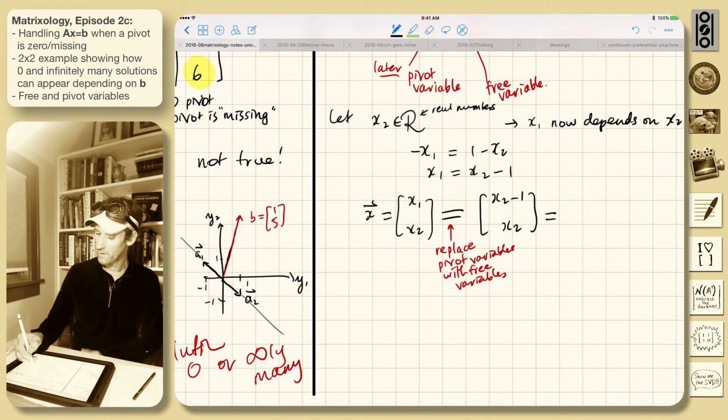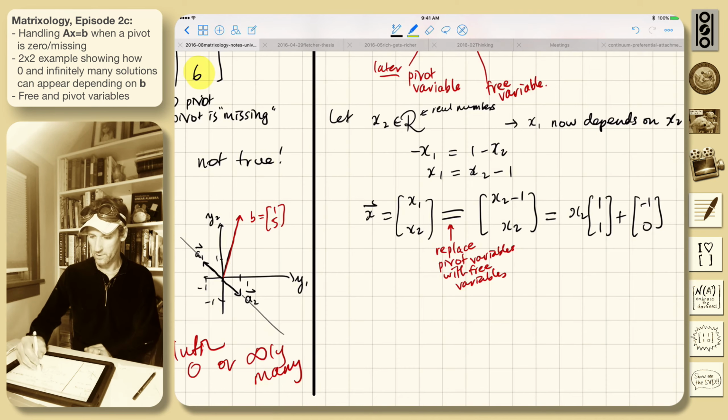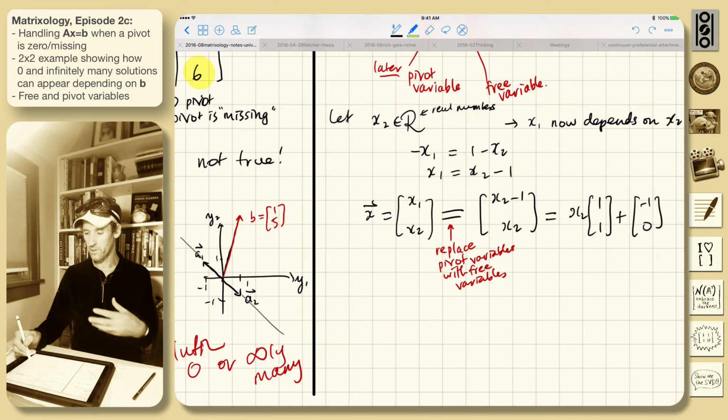And then we can break this apart. This is x2 times, so we just take all the x2s, 1, 1, plus there's a constant term, minus 1, 0. So if you go backwards with this, x2 times 1, minus 1, that's this term. x2 times 1 plus 0, that's this term. This is something we see over and over again. If we do the column picture, here's our solution.